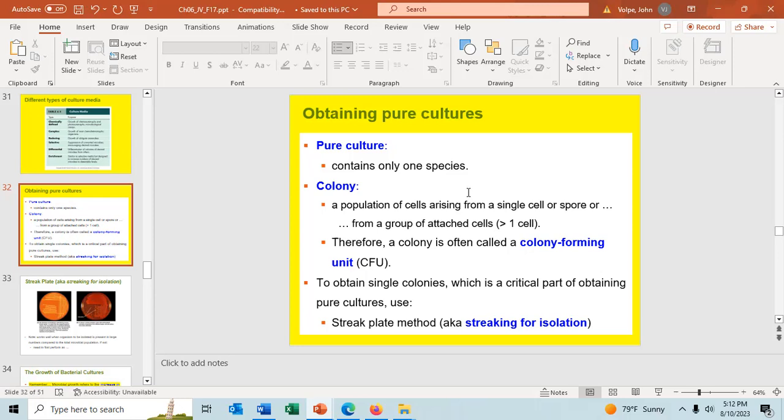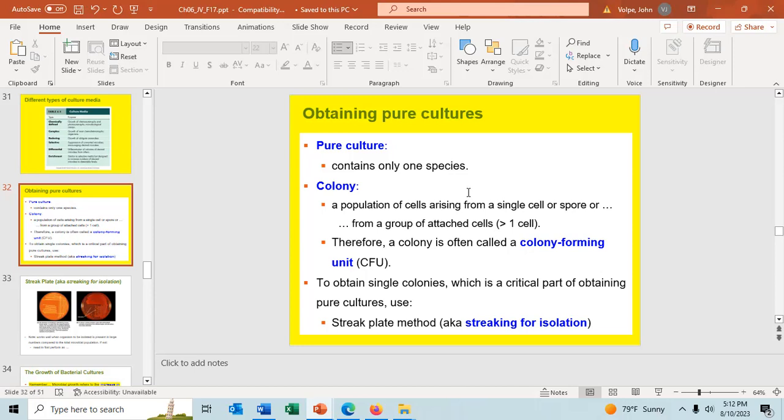And obtaining single colonies is a critical part of obtaining a pure culture. But remember, you have to streak it out twice for isolated colonies, so that your cells go through two isolated colonies before we call it a pure culture.